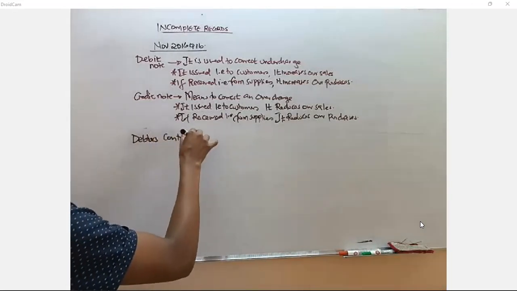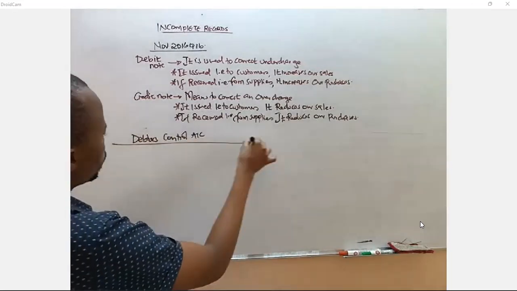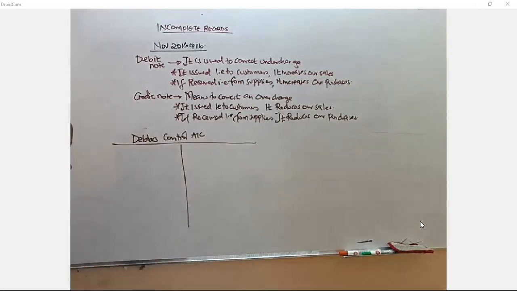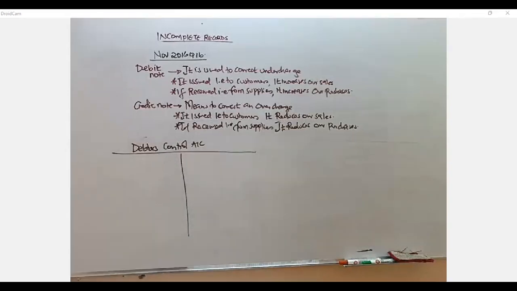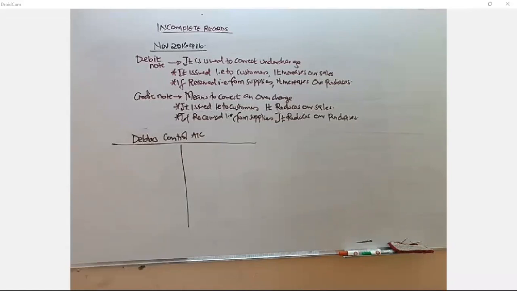First I open the debtors control account, and look at whether I am given the balances for both. In additional information number two, we are discussing trade receivables.